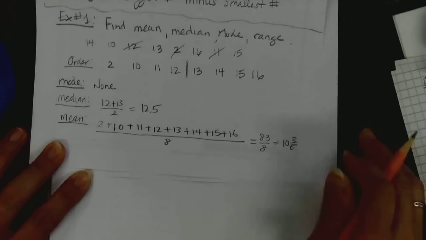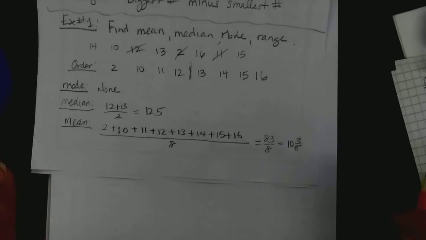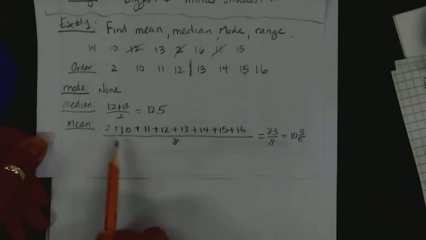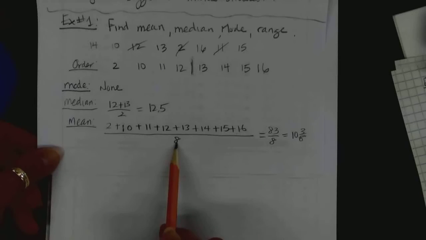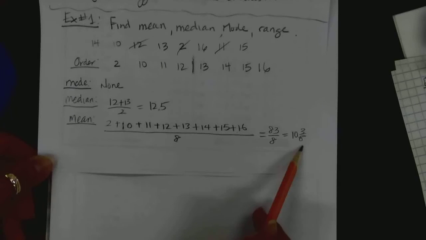That will be the mean. So add them all up and divide by 8, the number of numbers. That's the mean average.